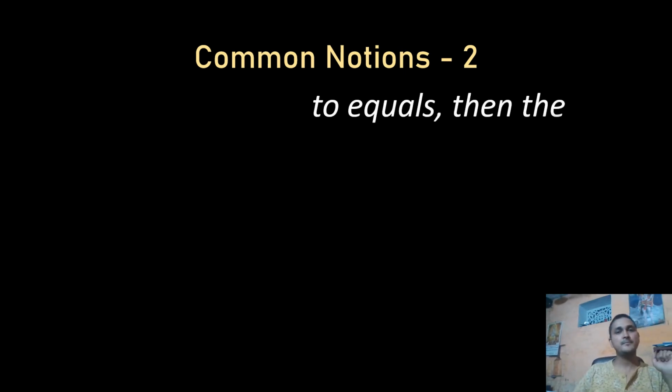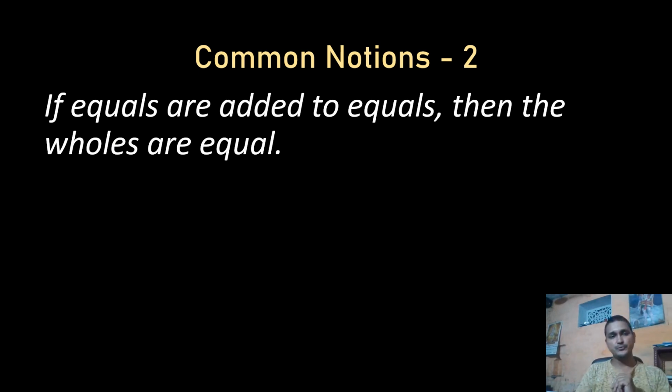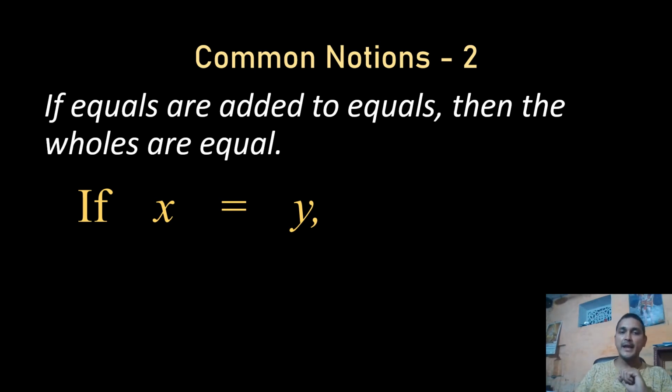Here is common notion 2. Common notion 2 says if equals are added to equals, then the wholes are equal. We can understand this mathematically using algebra. Consider two quantities x and y which are equal to each other.